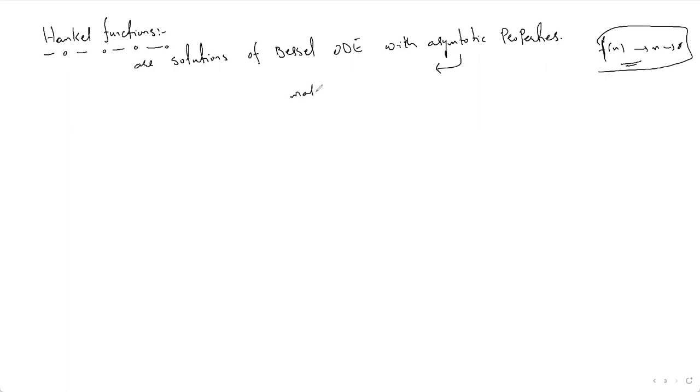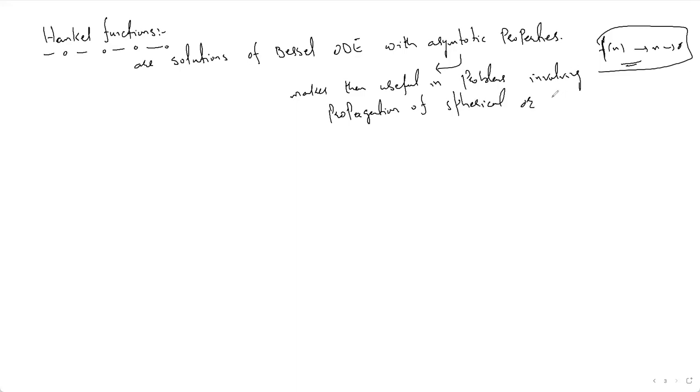So this kind of a thing, these asymptotic properties that makes them very useful in the problems, so I will write here, this Hankel function makes them useful in problems involving propagation of the spherical or cylindrical waves.